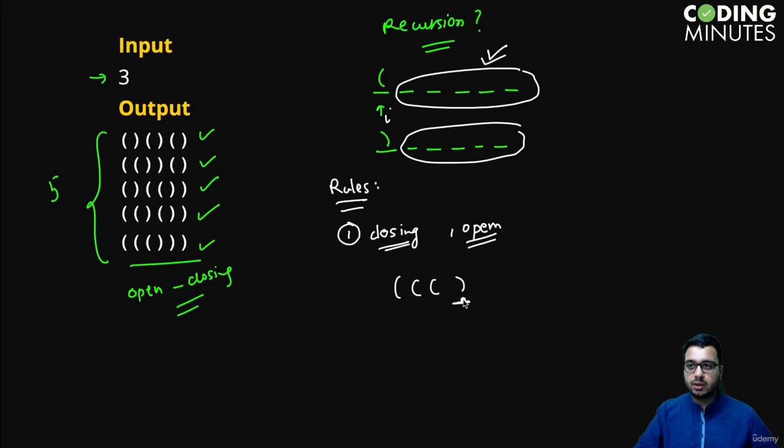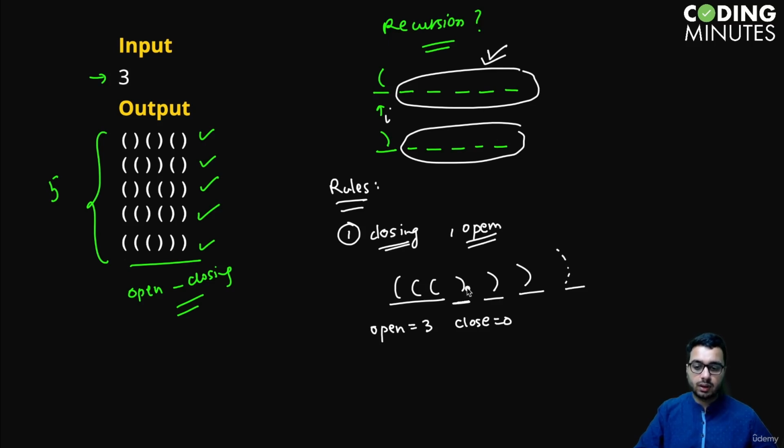Can I put a closing bracket here? The answer is yes, because till now we have 3 opening brackets, and closing brackets till now is 0, so we can put this closing bracket. Maybe I go to the next position, I put a closing bracket here, I go to the next position, I put a closing bracket here, I go to the next position. Can I put a closing bracket here?